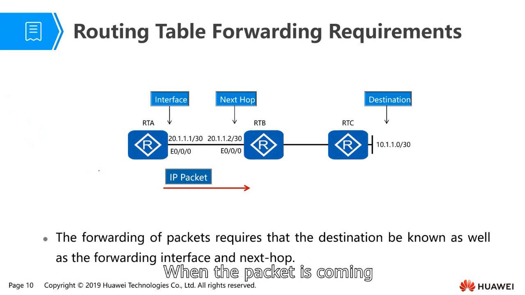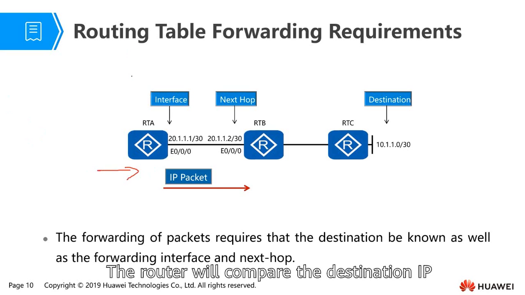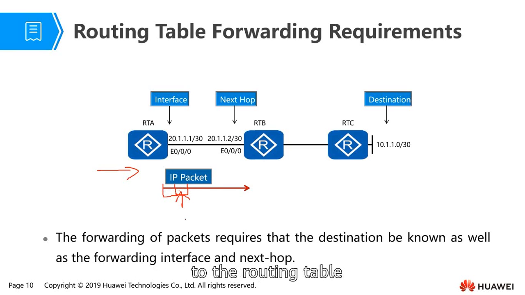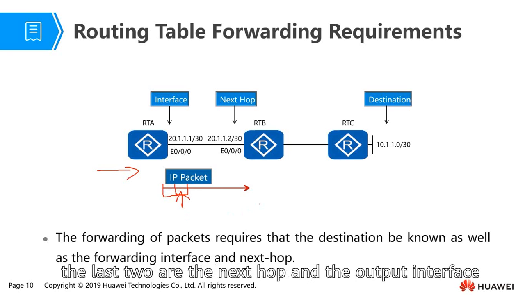When the packet comes in, the router compares the destination IP. Of course, there is a source IP and a destination IP. The router compares the destination IP to the routing table, and in the routing table, the last two columns are the next hop and the output interface.